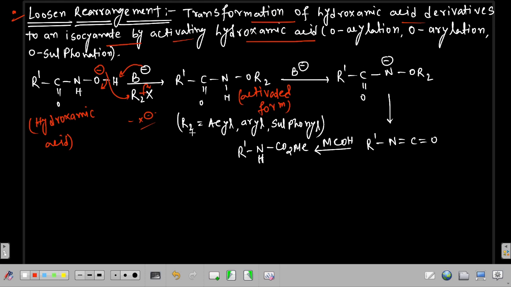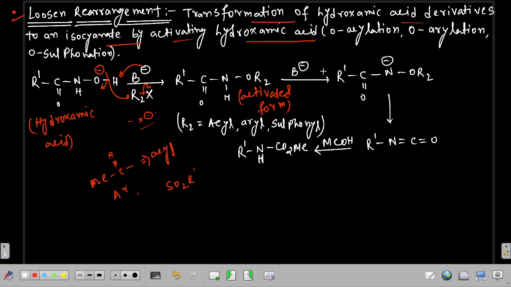Here R2 will be acyl, like MeCO. This is acyl. Aryl, like any aryl derivative, or R2 will be any sulfonyl derivative like SO2R'. This is this type of derivatives.